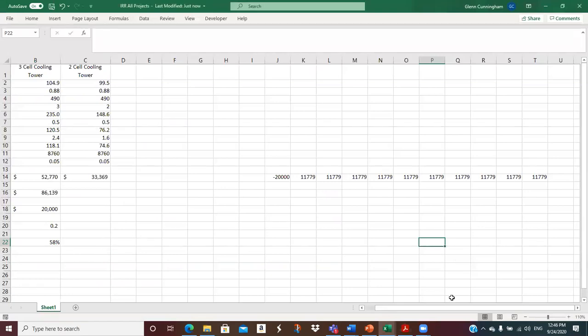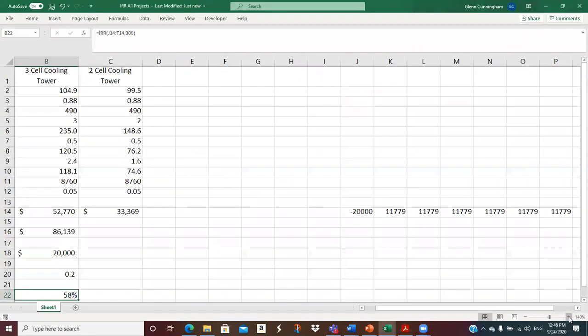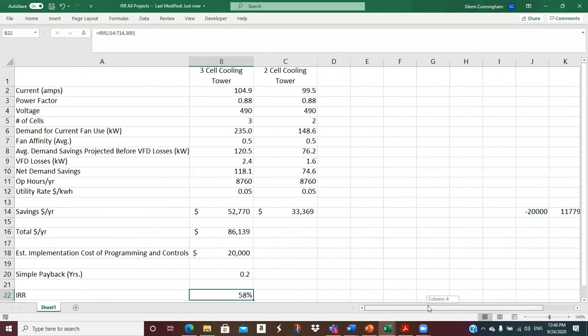Okay, so what you do, let's see, IRR. So internal rate of return. Okay, so there's the function. Can you see that? I can make it bigger. Equal IRR, and then it's J14 through T14, 300.